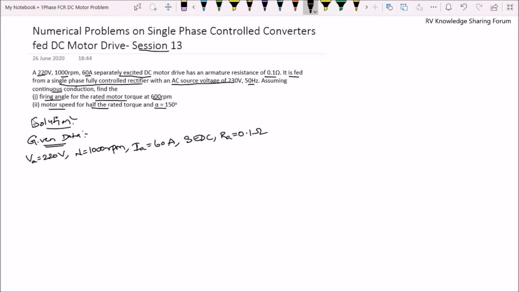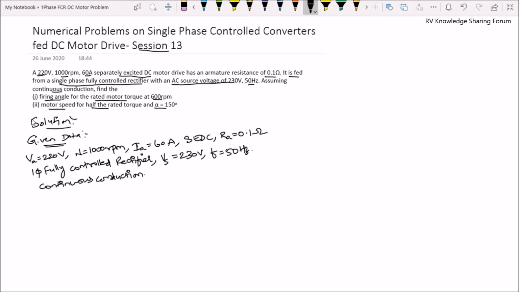The type of the rectifier used is a single phase fully controlled rectifier. This rectifier is fed with an AC source voltage Vs of 230 volts and whose frequency is 50 Hz. Conduction is continuous conduction.